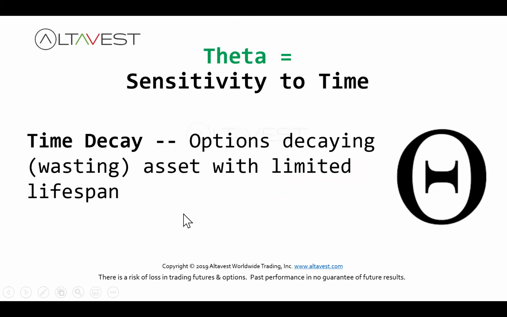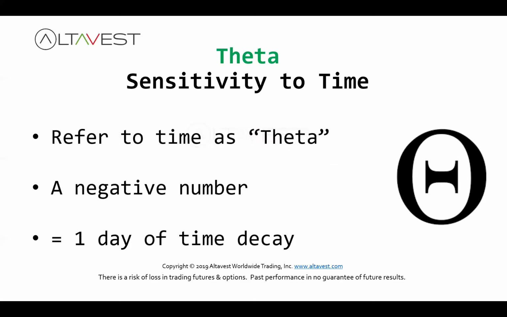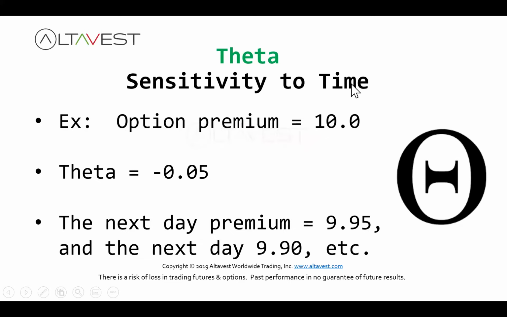And then theta is the other one. It's just time decay. Remember, options are a limited lifespan asset, and their value decays with time. So theta just represents one day of time decay, is all it represents here. Very simple. It's a negative number. So if the option's at 10 points and theta is negative 0.05, the next day after that, the premium slips to 9.95, and after that, 9.90.